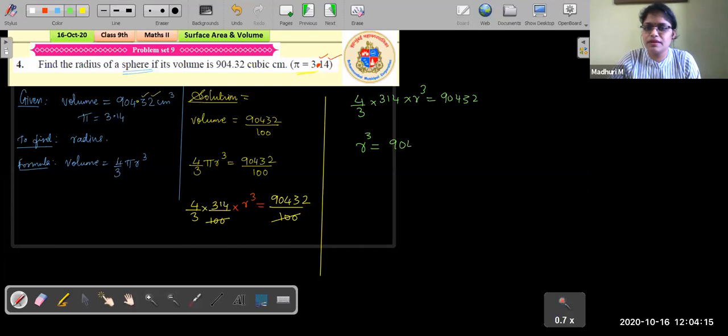So this will be 90432. Just check carefully. 3 is in the denominator, it moves to the numerator, the top, right? And then look at the tops, that is 4 and 314. They are in the numerator, so they will move down to the denominator. So this will be 4 times 314.